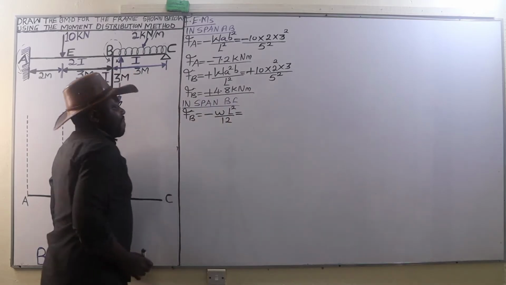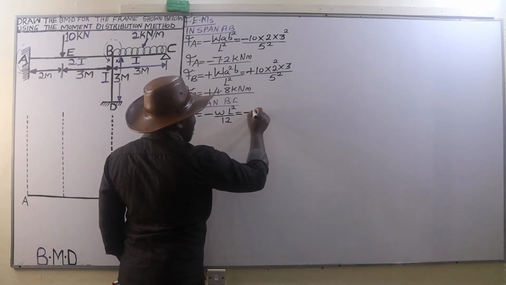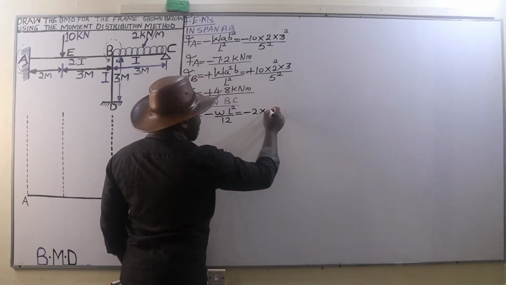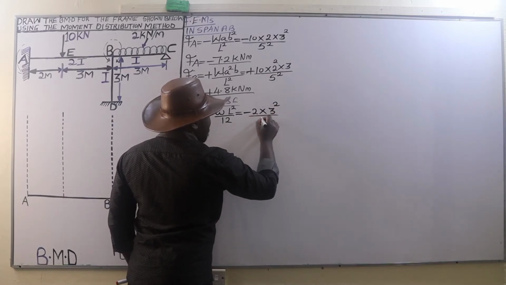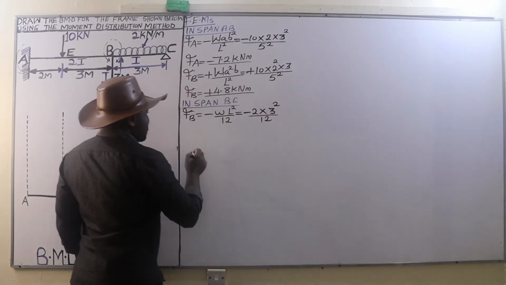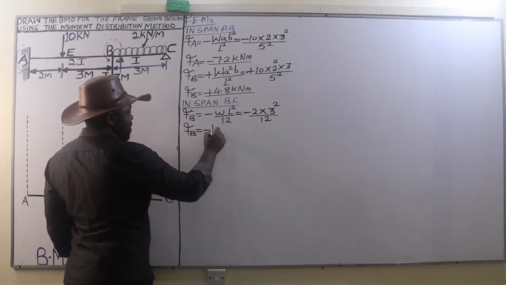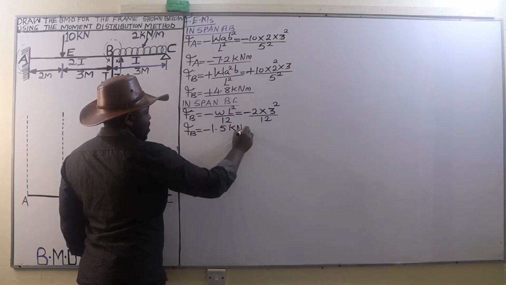Negative because of anti-clockwise moment. So this is going to be negative 2 multiplied by the span B to C, 3 meters, so that is 3 squared, then we divide this by 12. And when we do so, we are going to get a fixed end moment at B of negative 1.5 kilonewton meters.